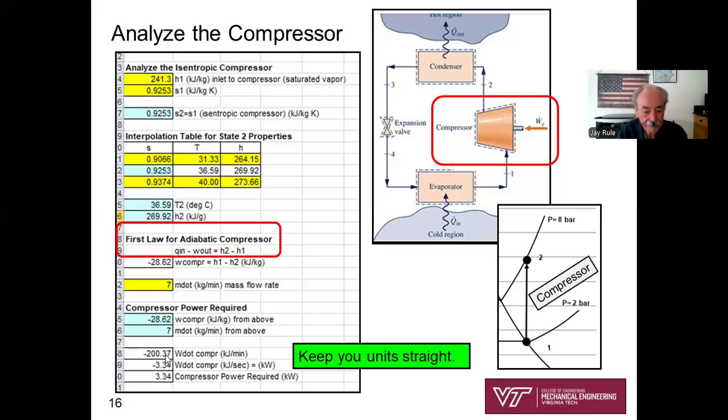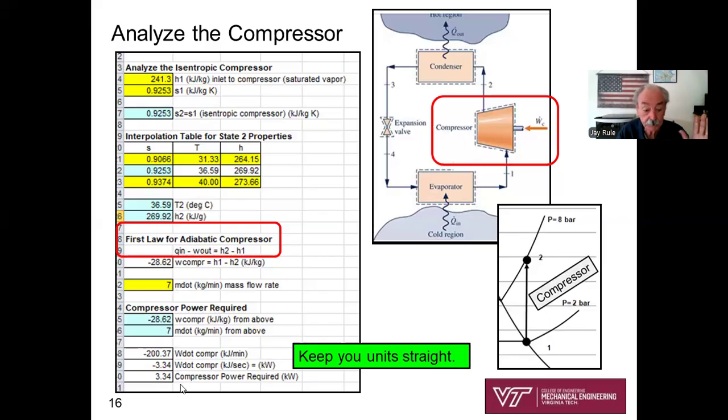That's not a kilowatt, is it? A kilowatt is a kilojoule per second. So I've got to divide kilojoules per minute by 60. That's a conversion I use in my head, so you should be using it too, right? You know that there's 60 seconds in a minute. So I'm going to divide 200 by 60 to get negative 3.34 kilojoules per second. And that is a kilowatt.